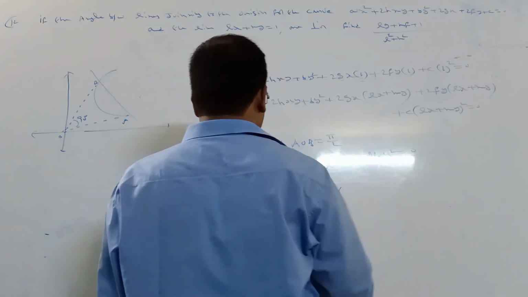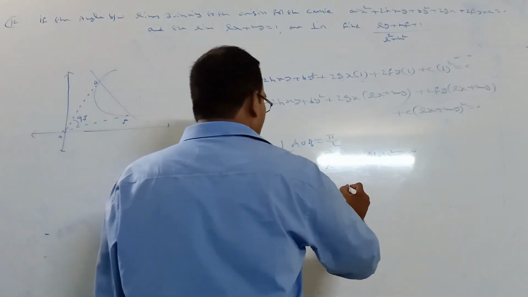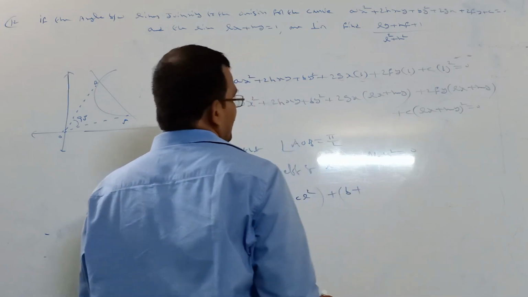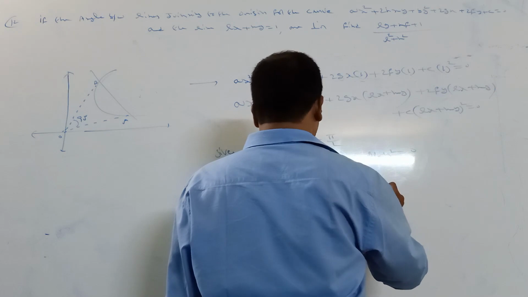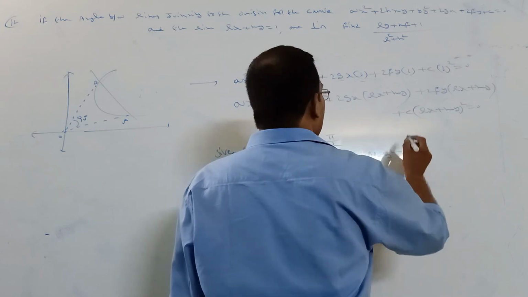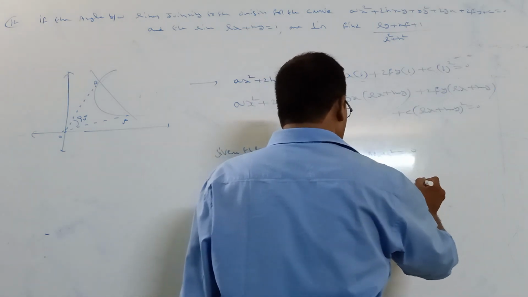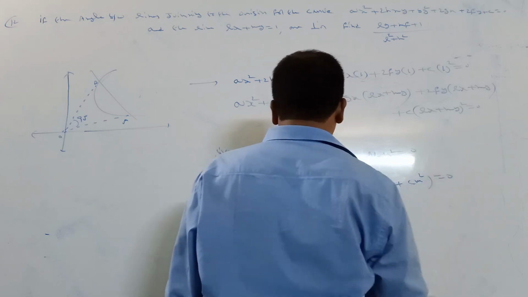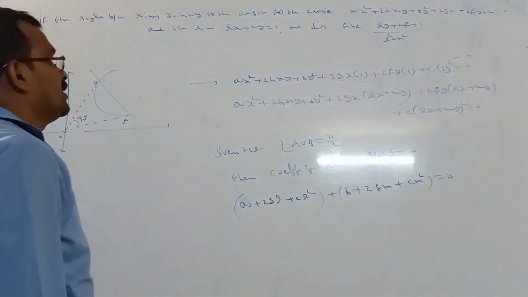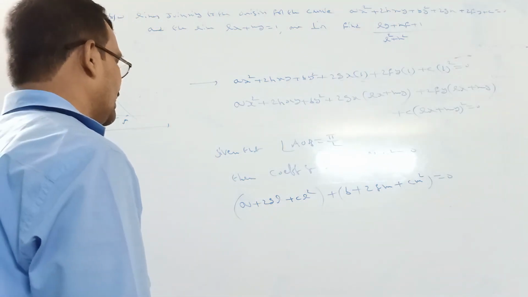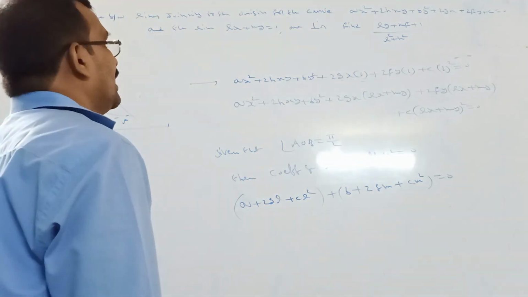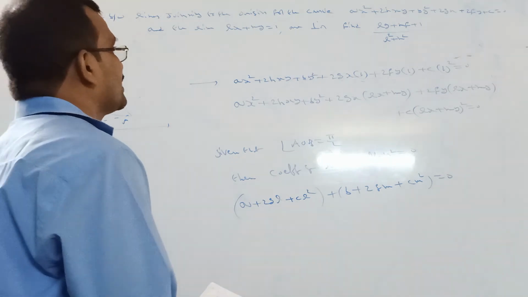Next plus the coefficient of y square: b plus, from 2fy into my, 2fm, plus c into m square, equal to 0.